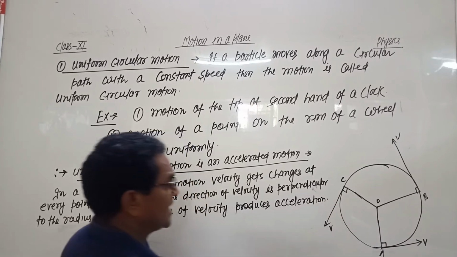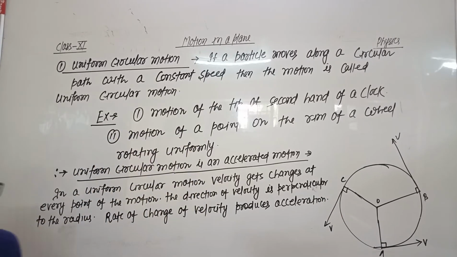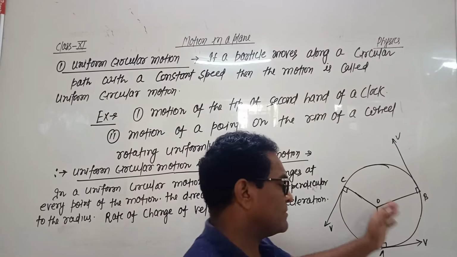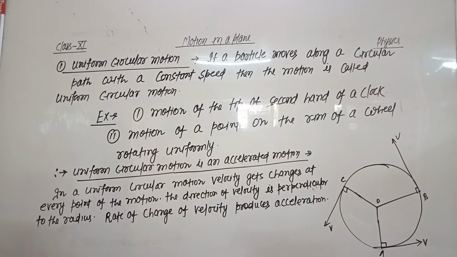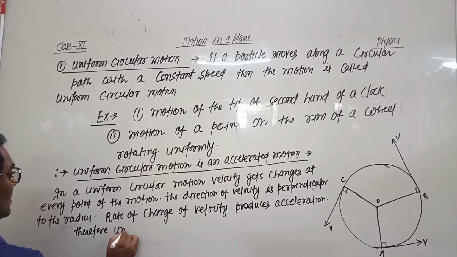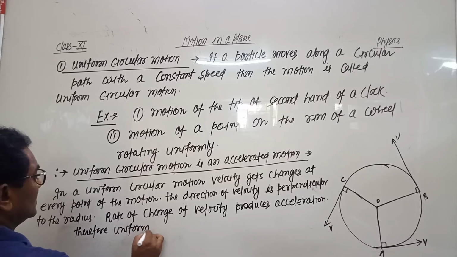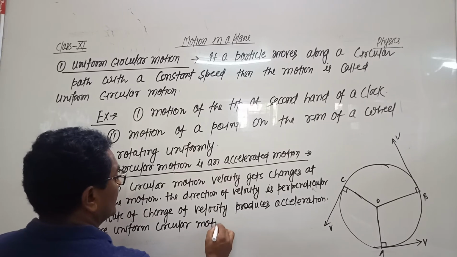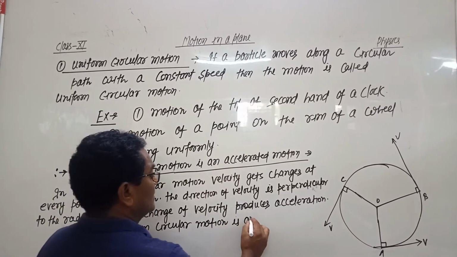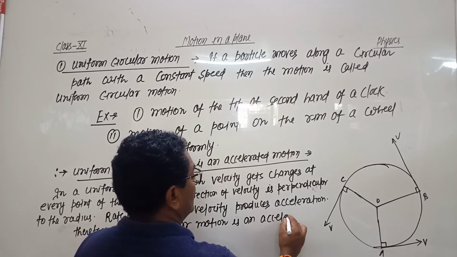In this case, at every point of the motion, the velocity gets changed with time. So rate of change of velocity produces acceleration. Therefore, uniform circular motion is an accelerated motion.